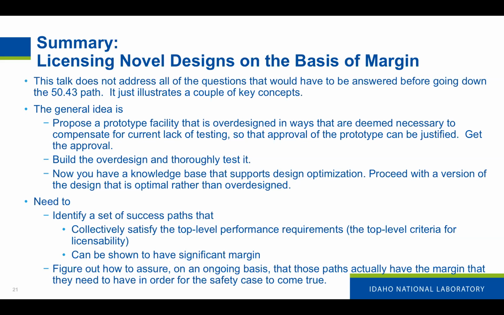They collectively satisfy the top level performance requirements, but more than that, they have abundant margin, because, as Charles Till would stress, maybe we can't absolutely trust simulation the way people before 2010 were arguing, that the simulation will be so good we won't need test facilities anymore.